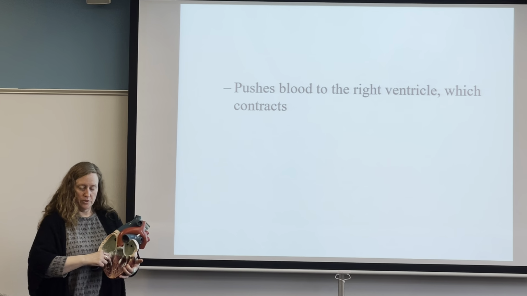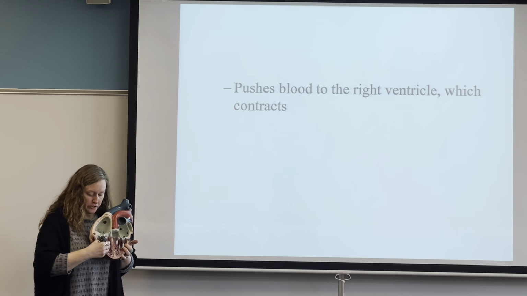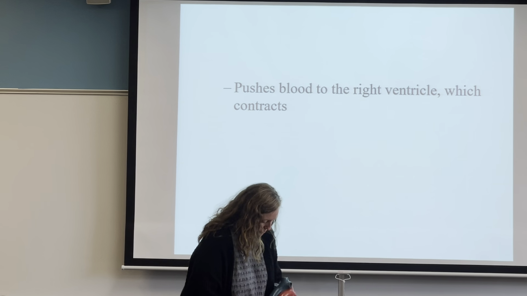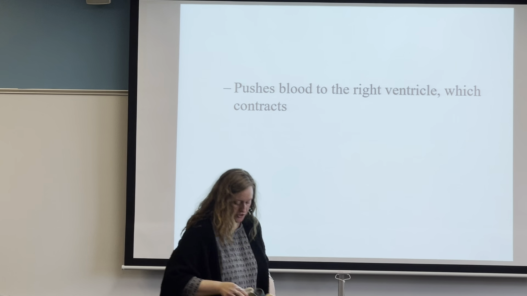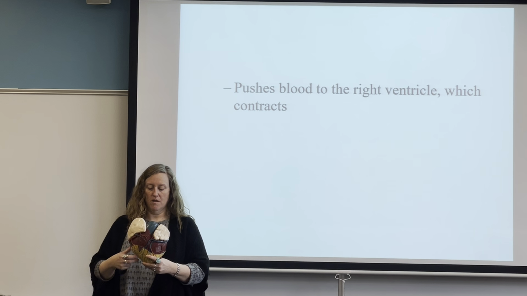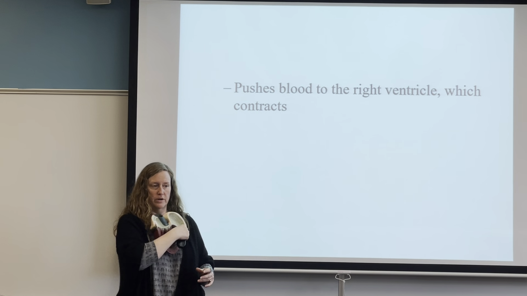So blood goes into the right ventricle. The ventricle contracts, and I should really take this part of the heart to show you. This is the right side of the heart, even though I'm turning it over.